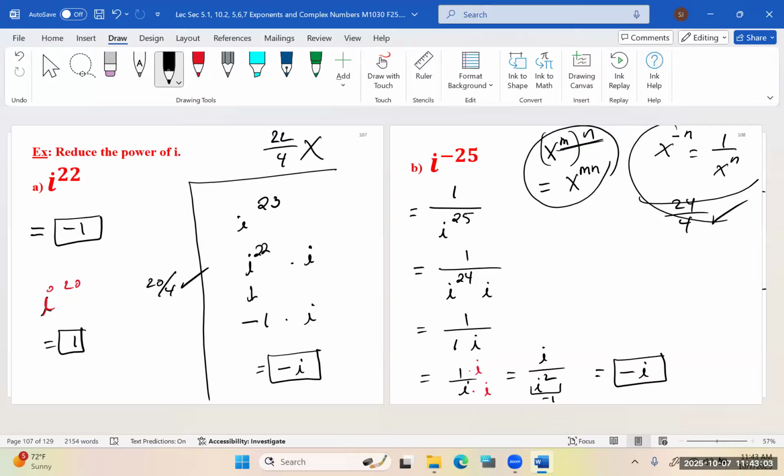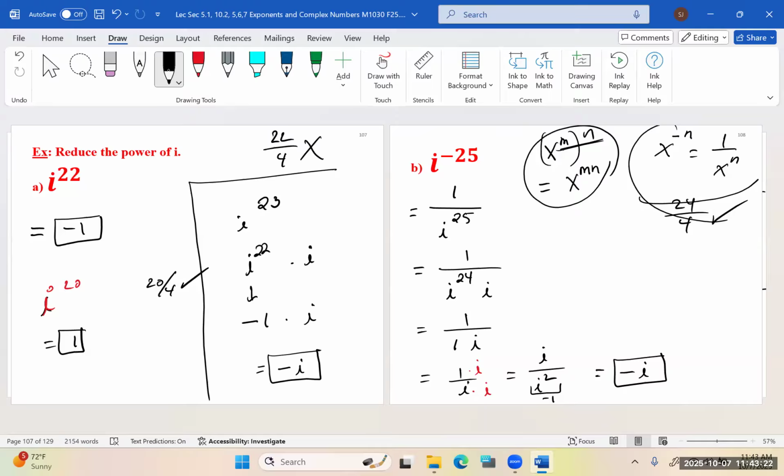I thought in the top row it was 1 times I, and in the bottom row it was I times I. You get it after you rationalize.